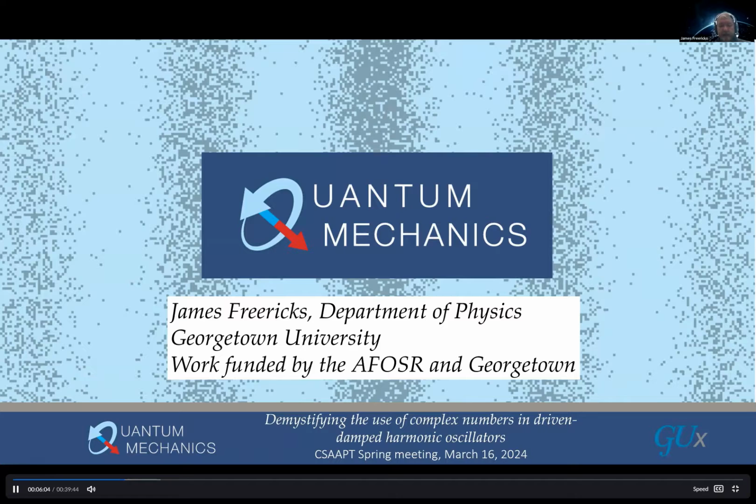At some time in your physics career, for me, I think it was in my freshman year, but sometimes this seems to be taught in the junior level quantum mechanics, you have to deal with solving for the motion of a driven, dissipative, or just dissipative harmonic oscillator.